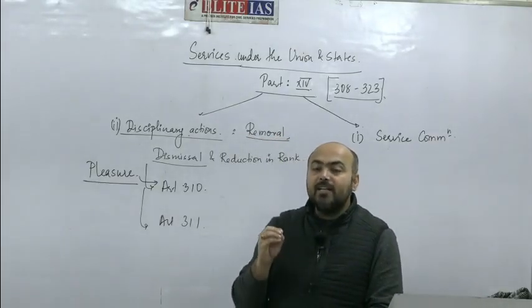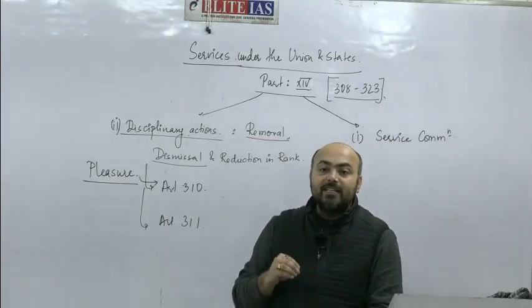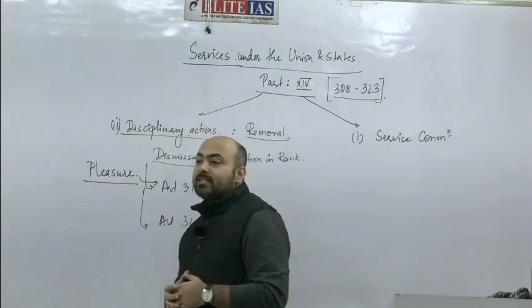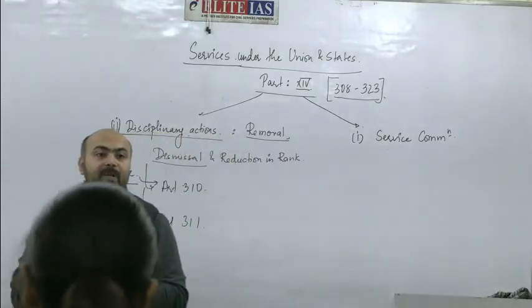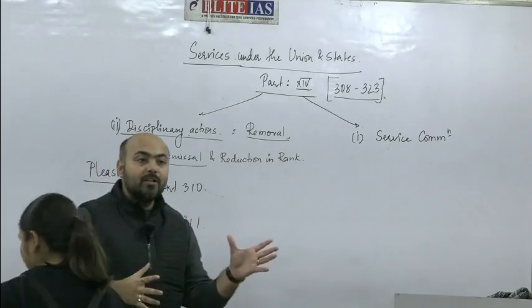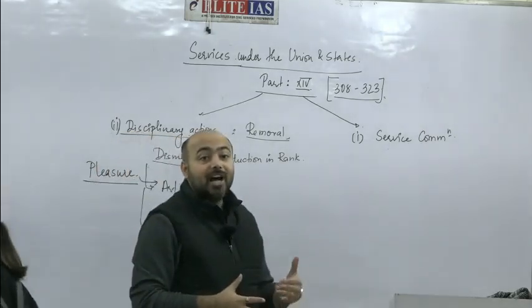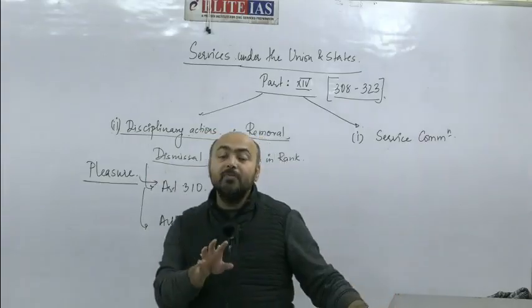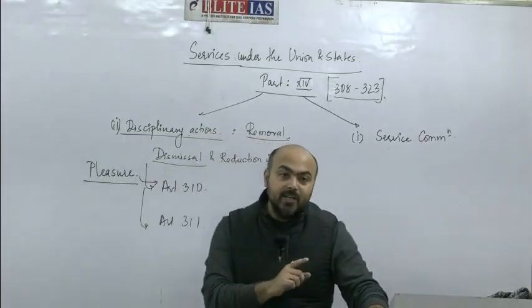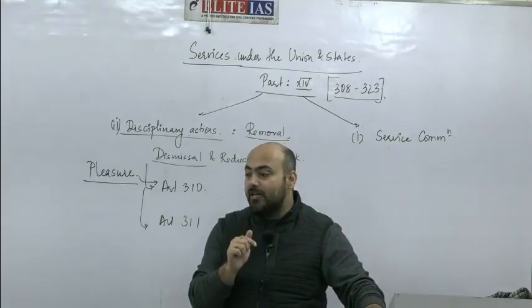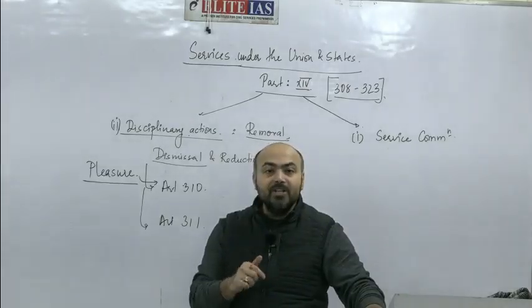Article 310 of the Constitution says that he will be heard. Also, the principle of natural justice dictates this idea. No one shall be punished unheard. Audi alteram partem. The principle of natural justice dictates that no one will be punished unheard.